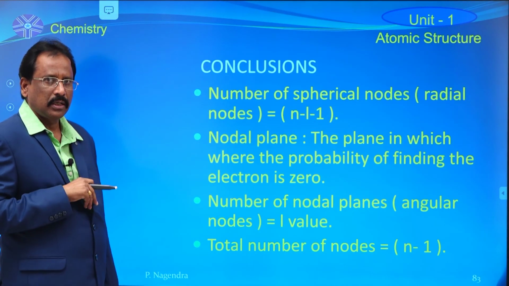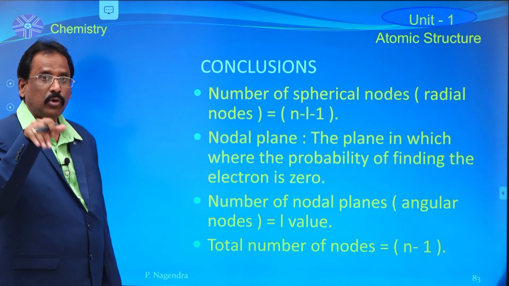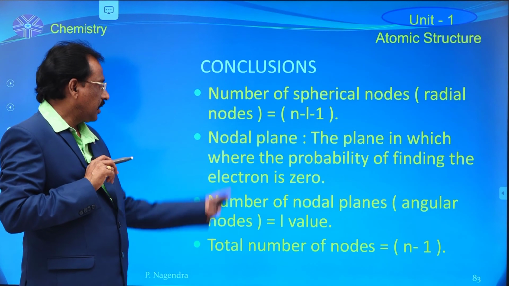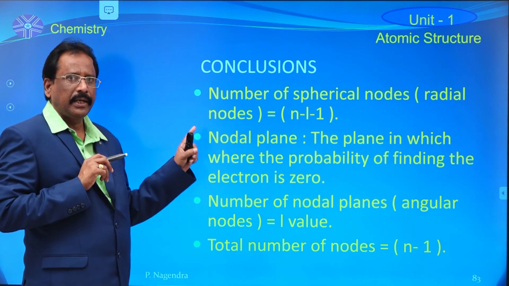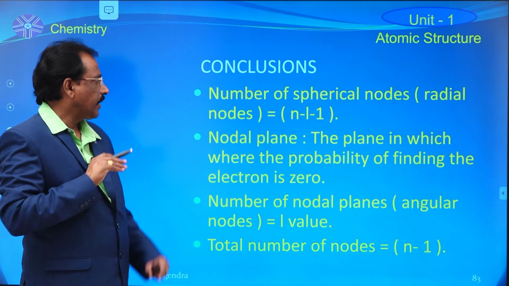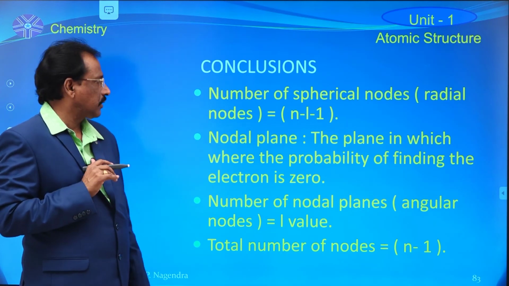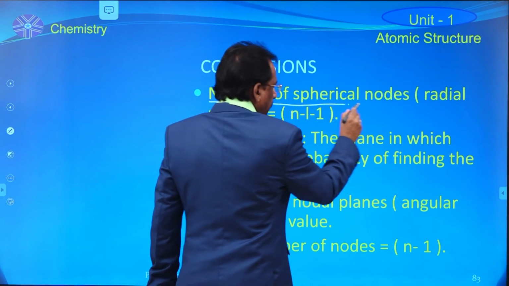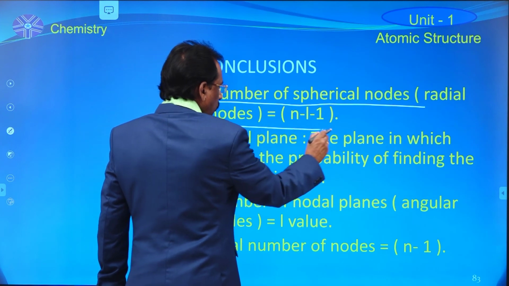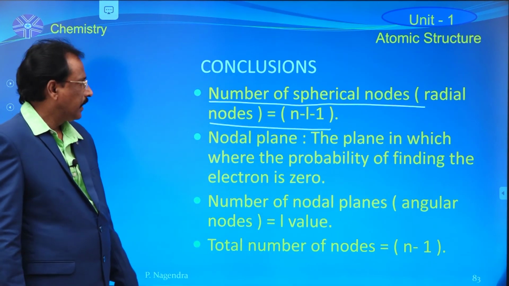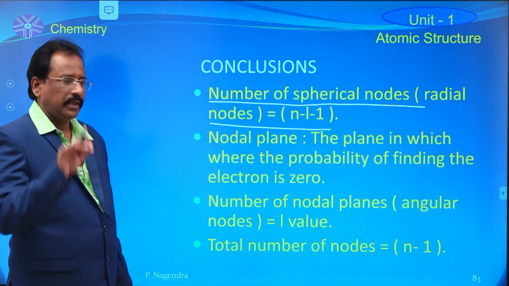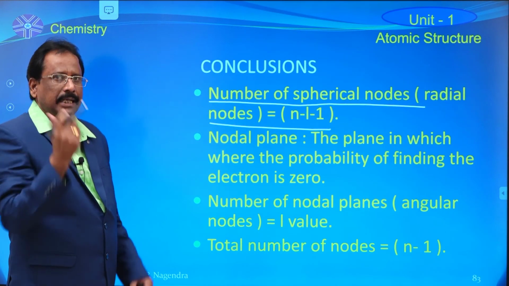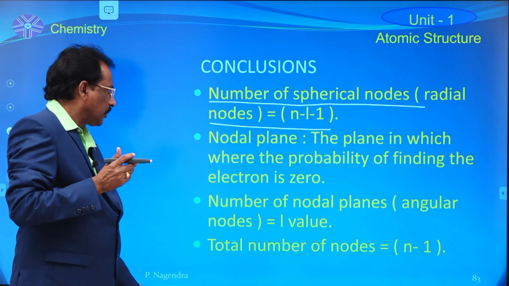The final conclusion from quantum mechanical model of an atom: very, very important formulas for IIT JEE main type examinations. From angular probability distribution curves, the formula used to calculate the number of spherical nodes, nothing but radial nodes, is equal to n minus L minus 1, where n is principal quantum number value, L is azimuthal quantum number value.